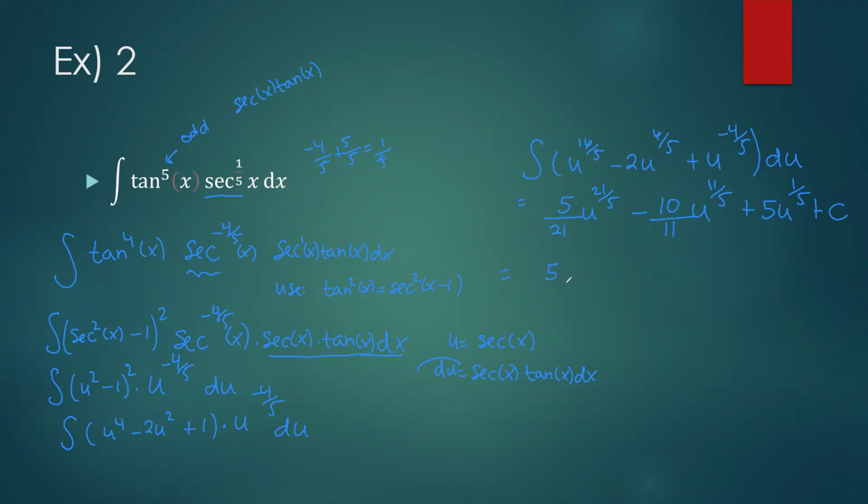So this is 5 over 21 secant of 21/5 of x minus 10 over 11 secant of 11/5 x plus 5 secant of 1/5 x plus c.